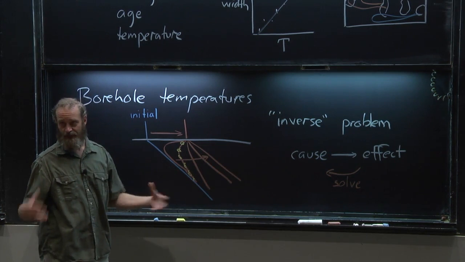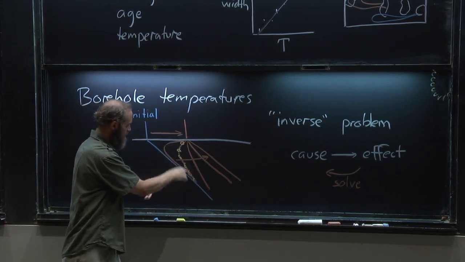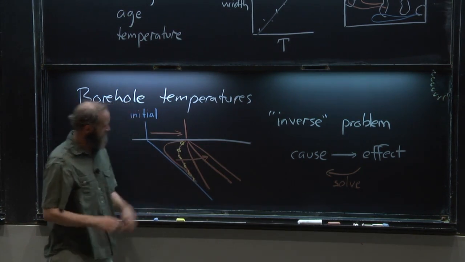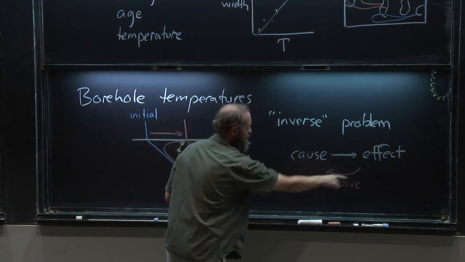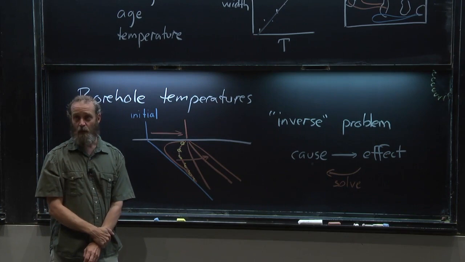The inverse problem has to go the other direction and go from the effect, which is this snapshot of temperatures in the boreholes down inside the ice sheet, and sort of back out what the cause was, how much the temperature changed and when.